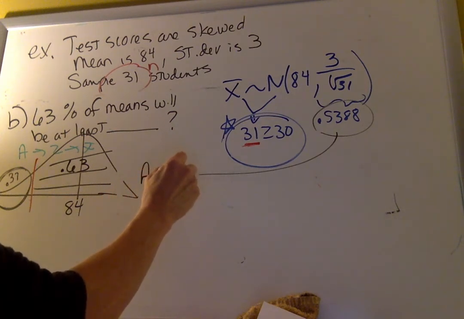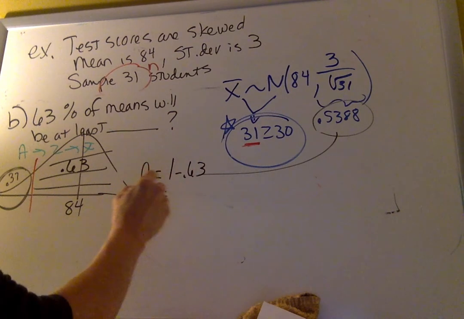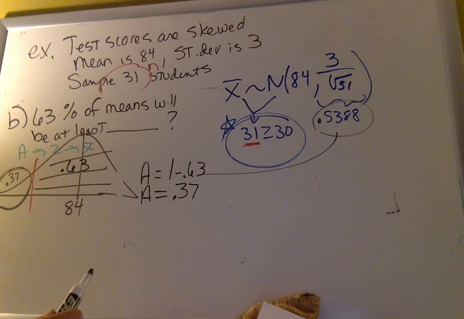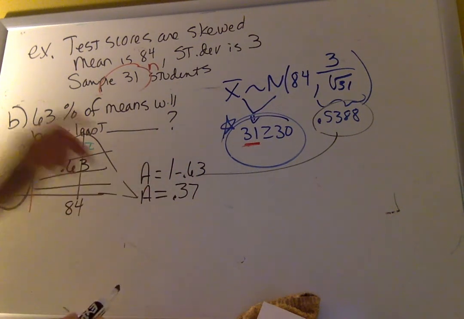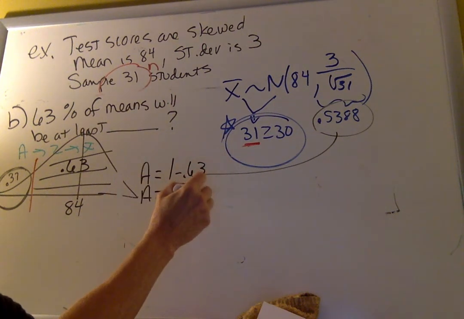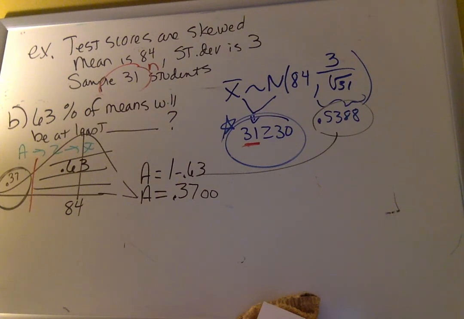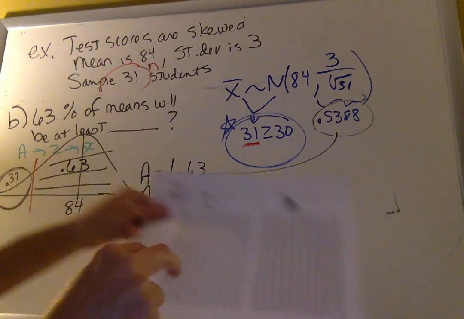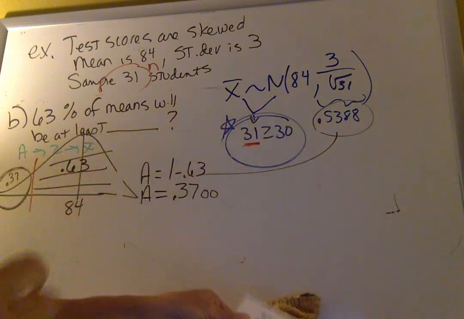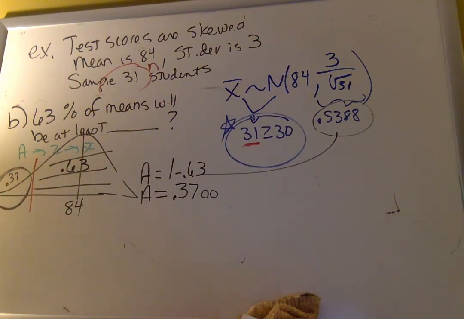It's 1 minus 0.63, which is 0.37. Remember, this is an area, not a z-score. That was another mistake I saw on test 2. So again, anytime you write an area, if you want to make it 4 decimals, to remind you, you're having to scan the body of the chart to find the z-score.